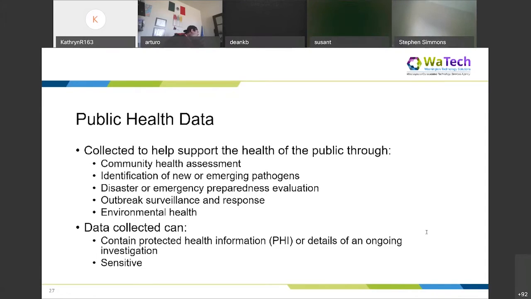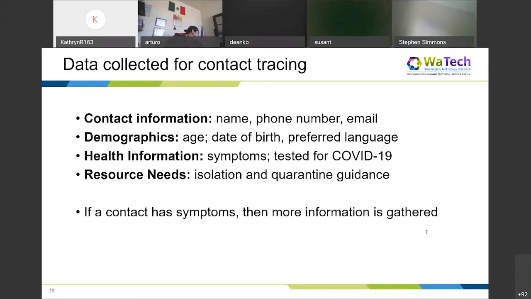But the information collected for contact tracing, if you could go to the next slide, Angela, is somewhat higher level than what's collected for case investigations, but it includes people's name, phone number, email, demographics, including age, date of birth, and primary language, health information, whether or not you're displaying symptoms or have been tested for COVID, and then what resource needs you may have, including isolation and quarantine guidance.